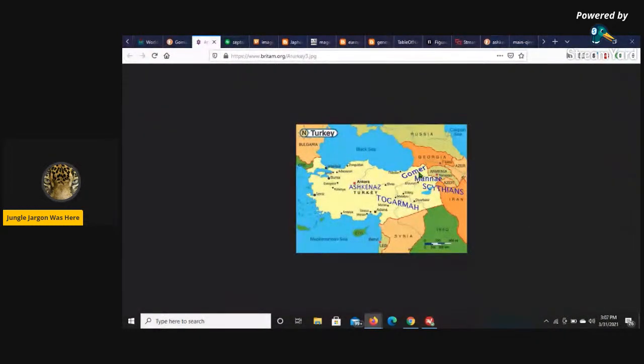Okay, Gomer is here, but Gomer went up here as well. Gomer was like the first one to go into the steppe. Scythians went into the steppe. Ashkenaz is the son of Gomer, by the way. So the Ashkenaz, I believe, also moved up in this area as well.